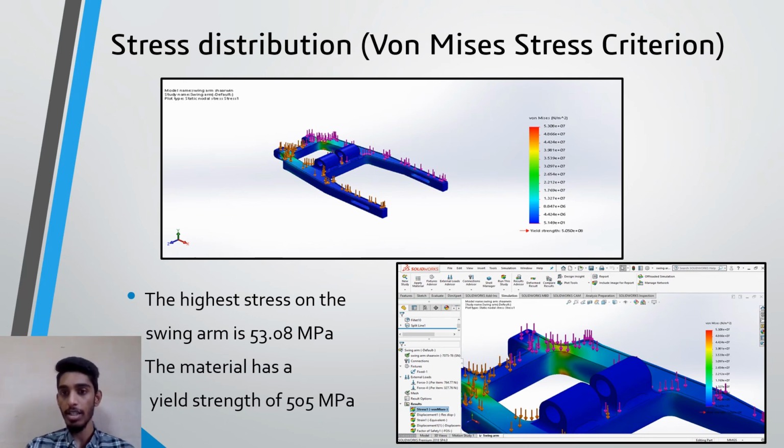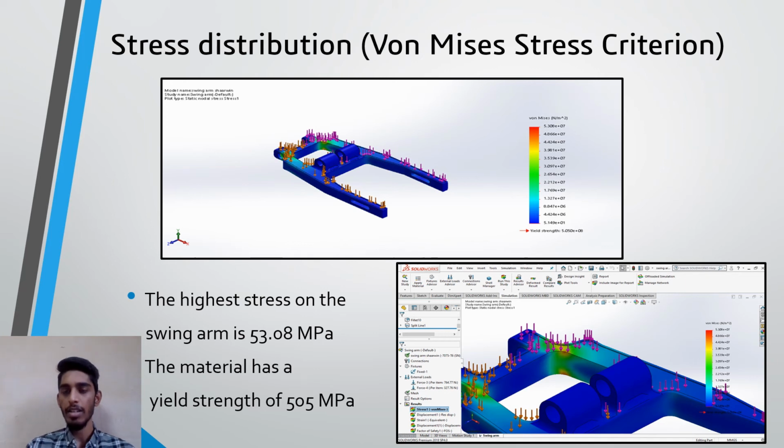The most critical part in the swing arm is actually at the joint of the front axle, where you can see it in the second picture. At that joint, we can see a red color spot at the top and the bottom part, which is the most critical place where the highest stress is experienced by the swing arm.